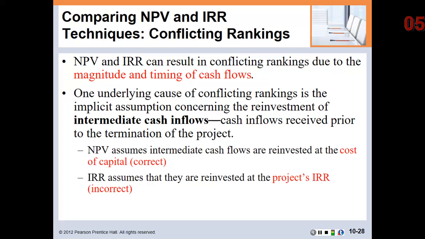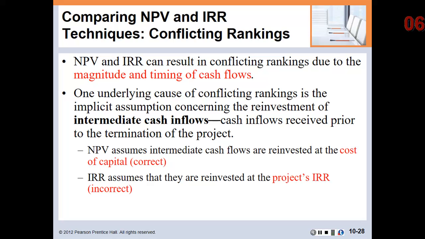It had the big $28,000 cash flow in year 1, and then $12,000 in year 2, and then only $10,000 in years 3, 4, and 5. So the size of the cash flows was completely different regarding Project A and Project B. And that's why you get the difference in the rankings of which one is best depending on net present value or internal rate of return.